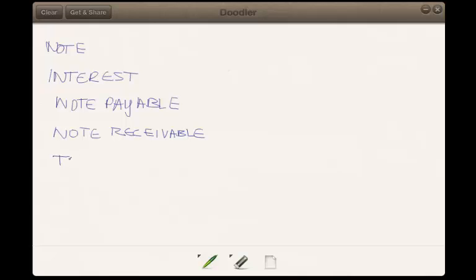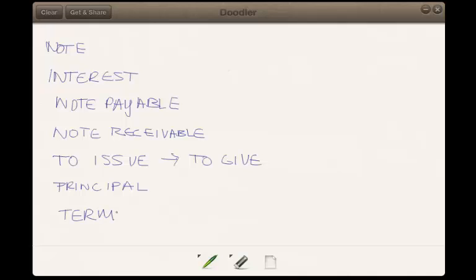Now we have to issue, and that is not in the book, but I wanted to point it out. To issue is a verb, and it means to give. Next we have principal, which is the amount being borrowed, also called the face value.